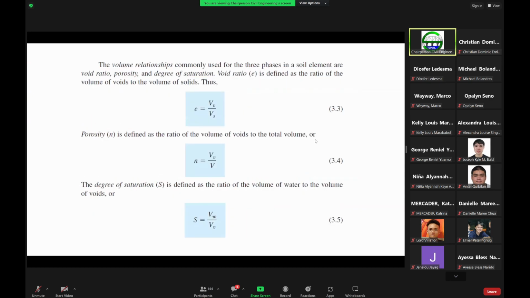Then the porosity n is defined as the ratio of the volume of voids, but this time with respect to the total volume. So the porosity is equal to the volume of voids over the total volume of the soil sample.